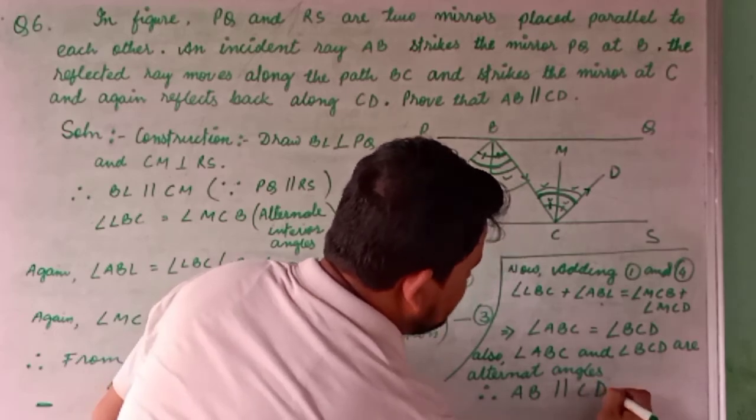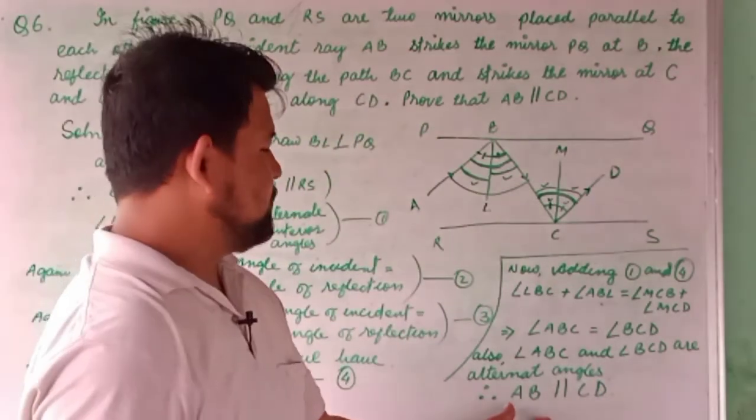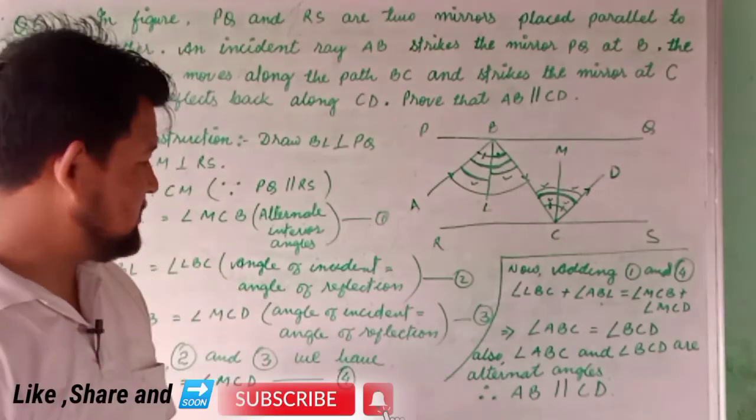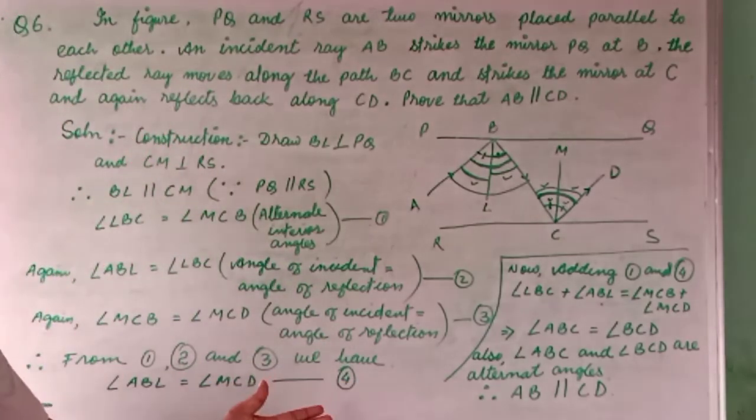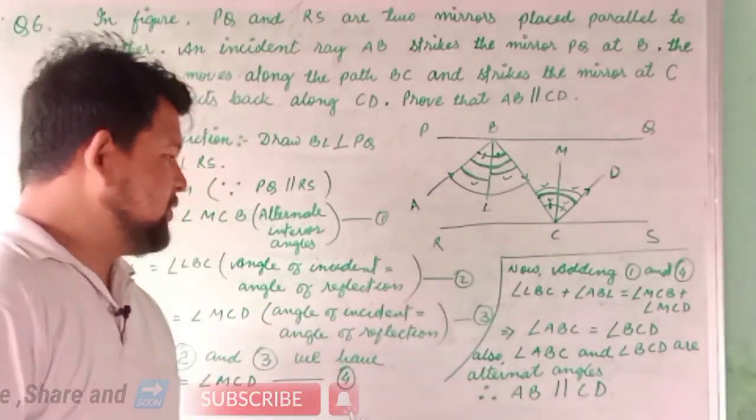We can say confirm. Okay, so we have got our proof. So this is the calculation of how we have to solve this question. So I think you have understood.